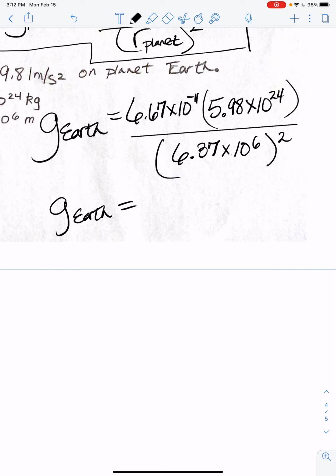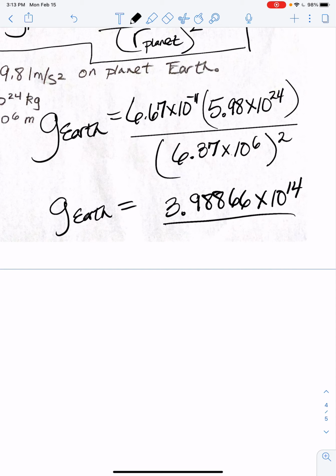So I'd multiply that, use some parentheses, times 5.98 EE 24, end parenthesis. So on top here, I'm getting about 3.98866 times 10 to the 14th. And I'm going to hold off on rounding till the very end, otherwise you're just adding error throughout the problem. So you like to wait to round if you can.